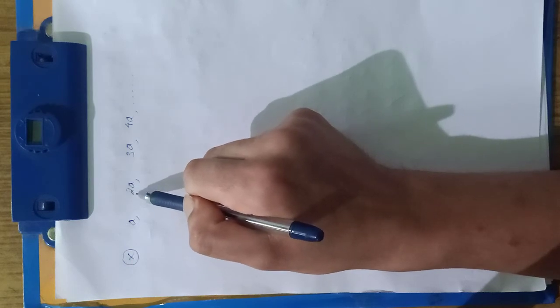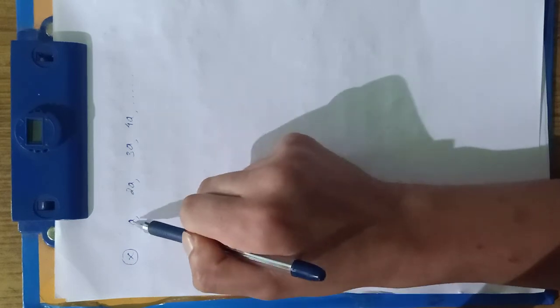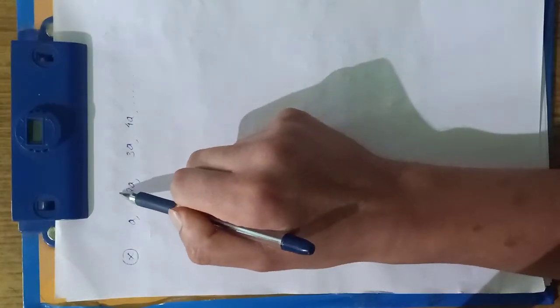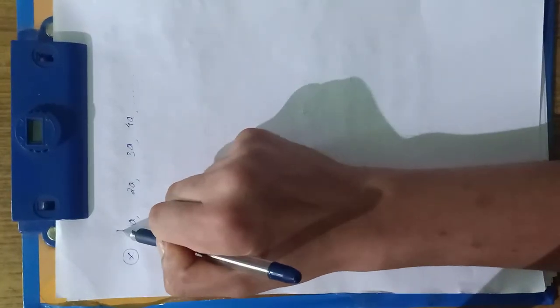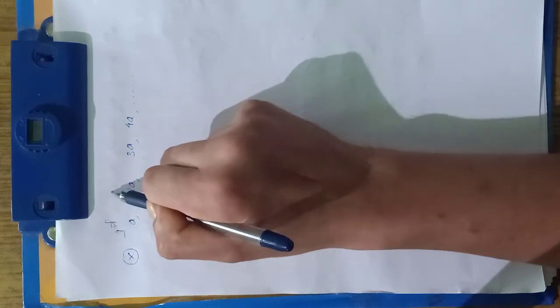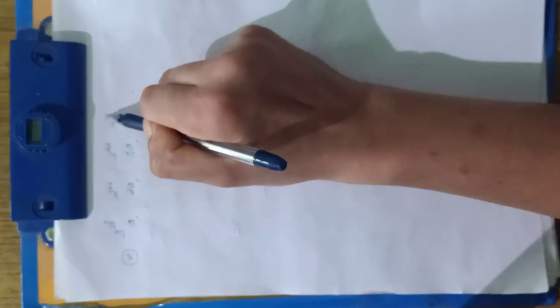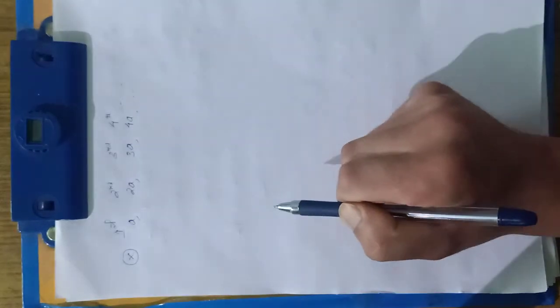We always start with the second term. We don't choose the first term. Why? Because the first term has no preceding term. So we start with the second term. So this is your first, second, third, fourth term, and so on.